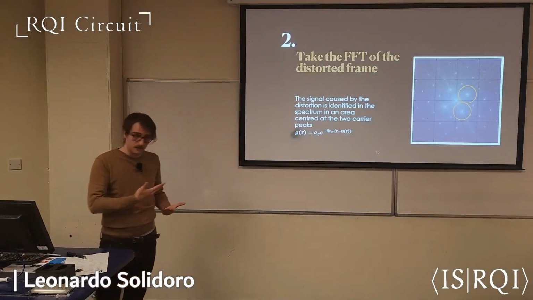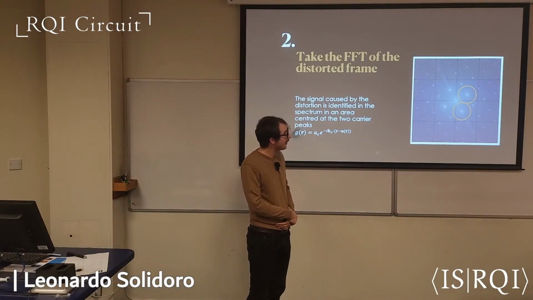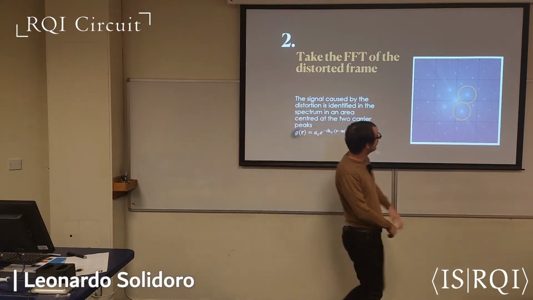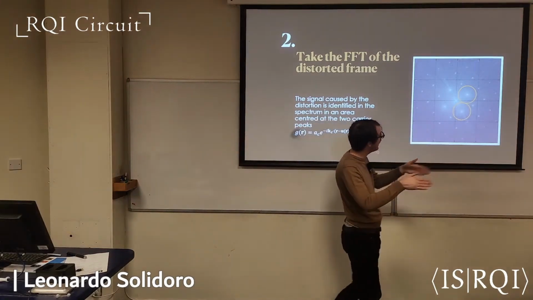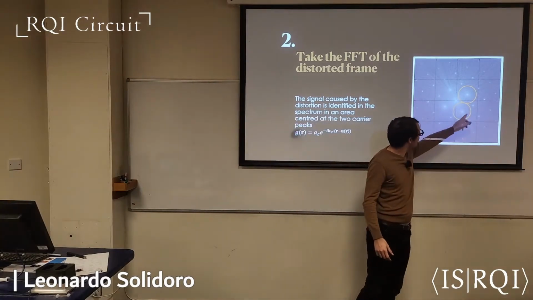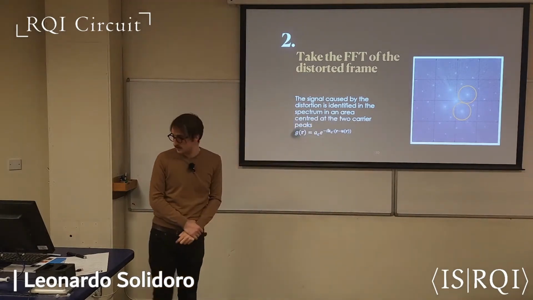Then when the wave passes through, the effect is to modify locally the FFT, or the spectrum, of our images. So we can easily identify the peaks corresponding to the carrier waves, and the effect of this perturbation is just to modulate the spectrum of the image nearby these peaks.